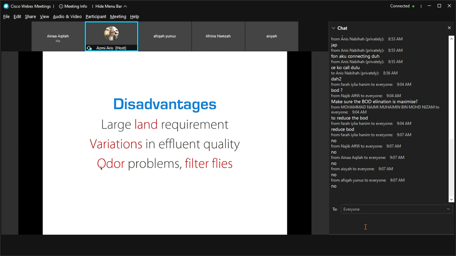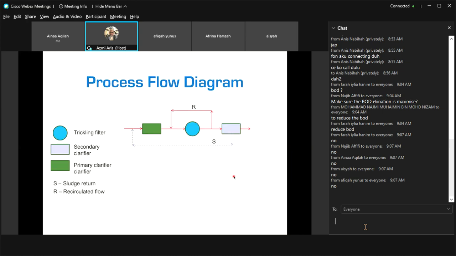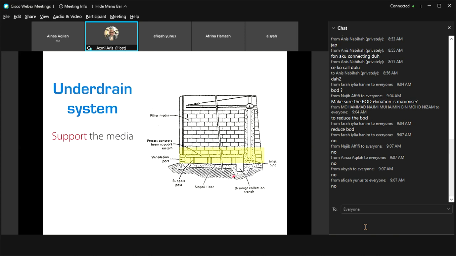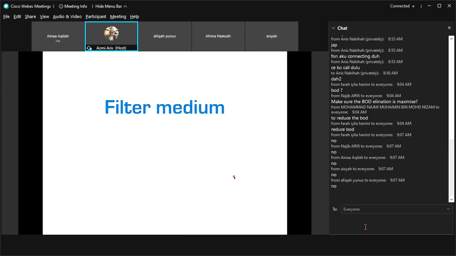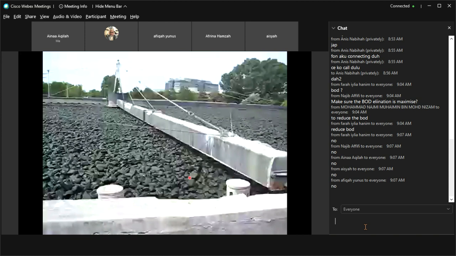The other problem is that there are odor problems and filter fly problems. What does that mean? If you can see here, this system is open to the environment. This photo, or this video, is taken in the US. In the US they have a temperate climate.